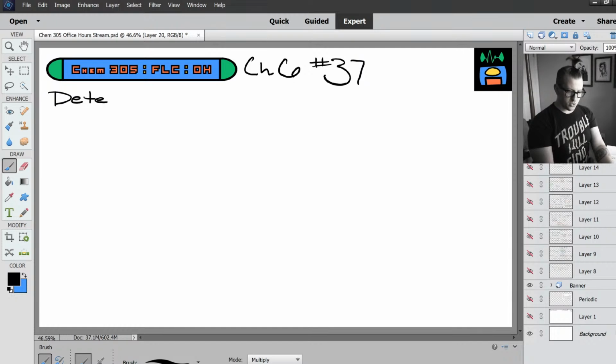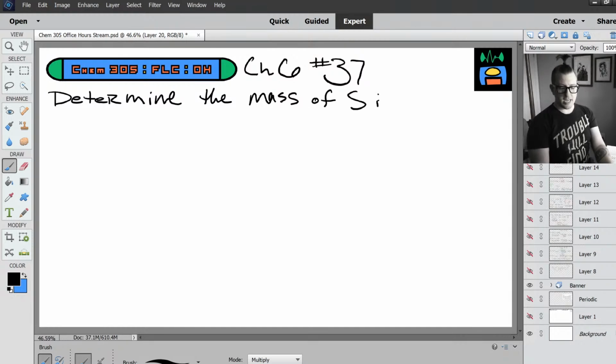So this is determine the mass of sulfur in, all right, so let's take A, for example.